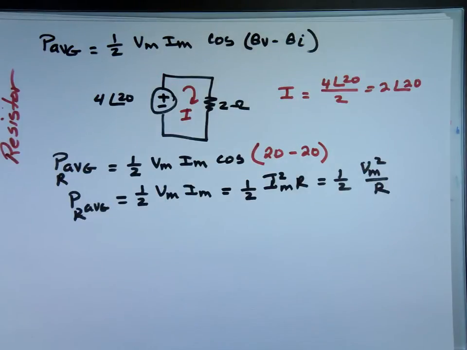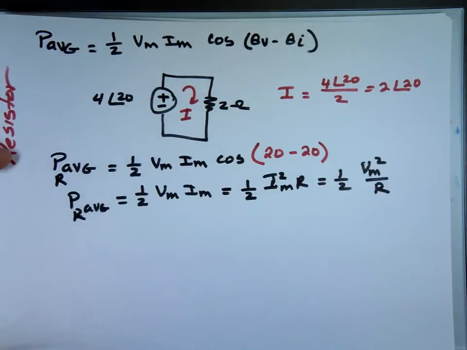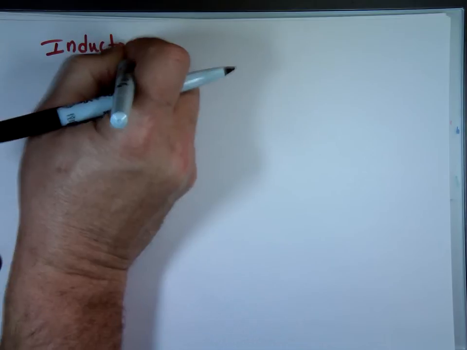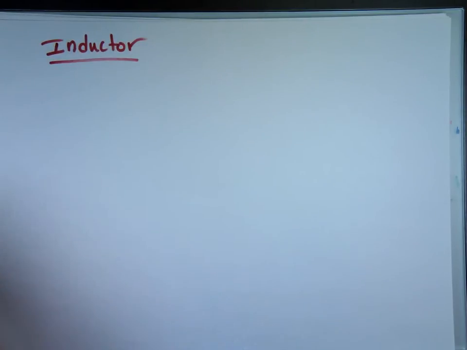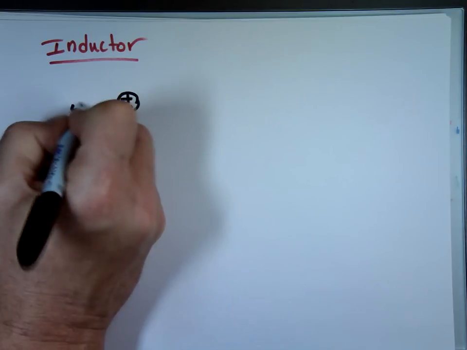Let's look at an inductor, and we'll look at a capacitor and see what the average power is. Let's take an inductor. We'll use the same values. This is 4 angle 20. Yep, was it 20? Yep.